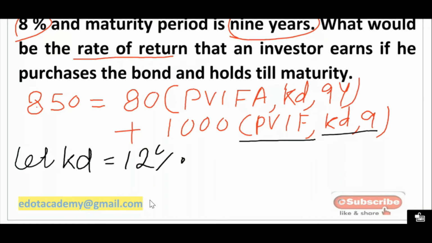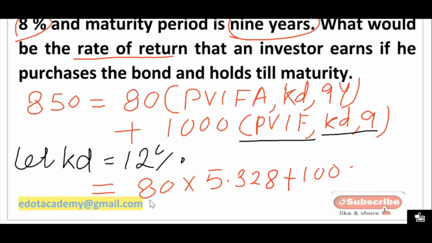For 12%, PVIFA is 5.328, so 80 into 5.328, plus 1000 into PVIF for 12%, which is 0.361.